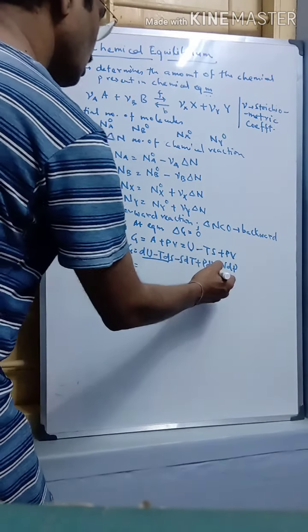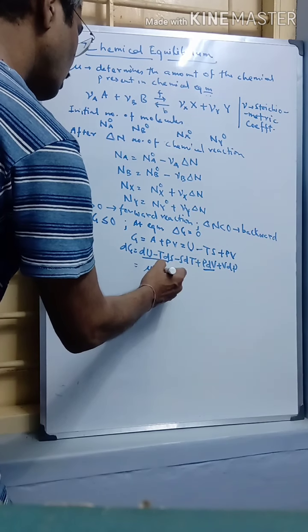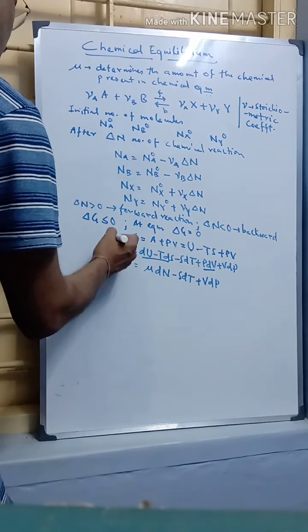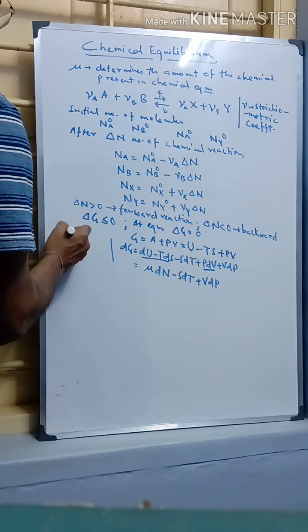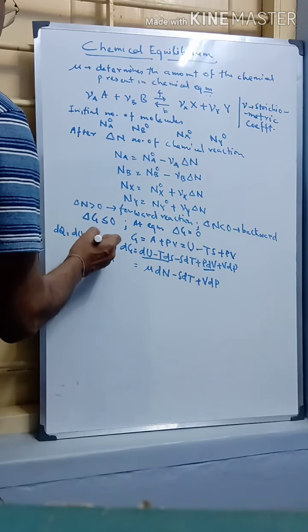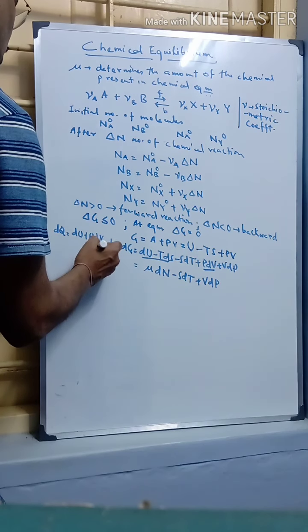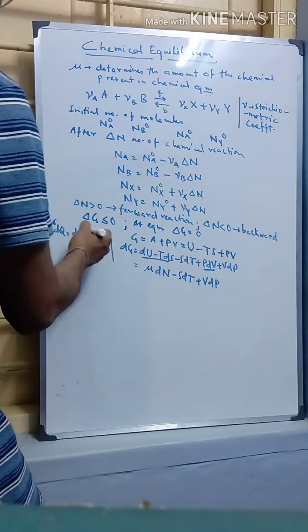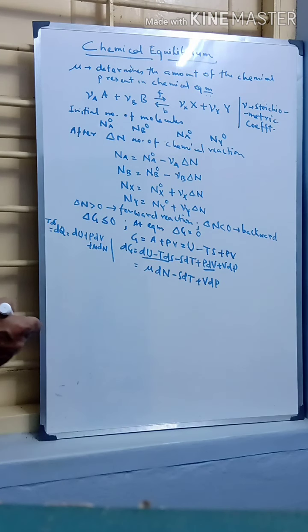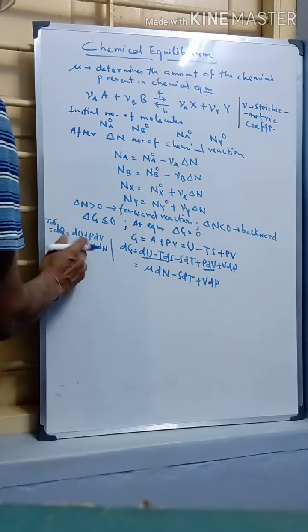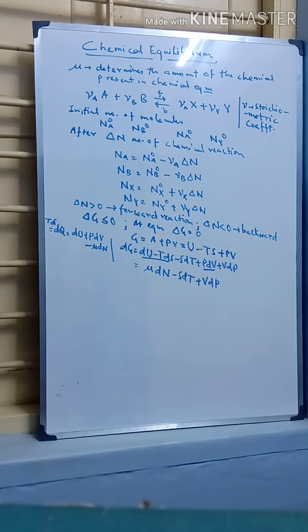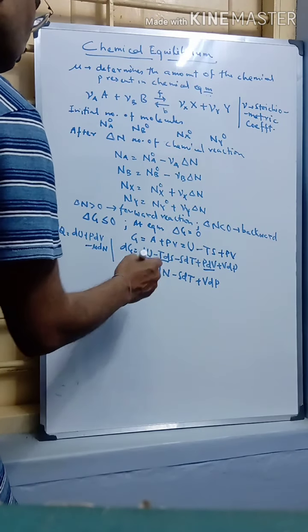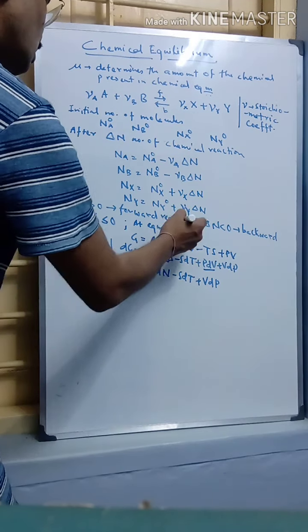So this plus this is going to give us mu dN minus SdT plus VdP.